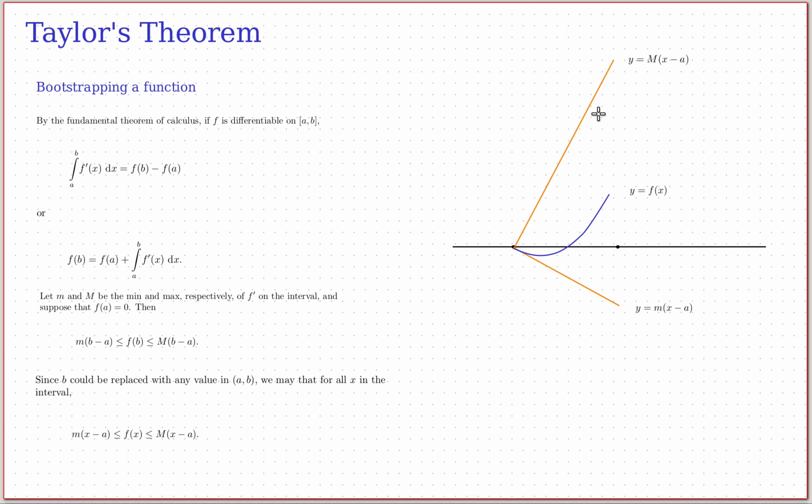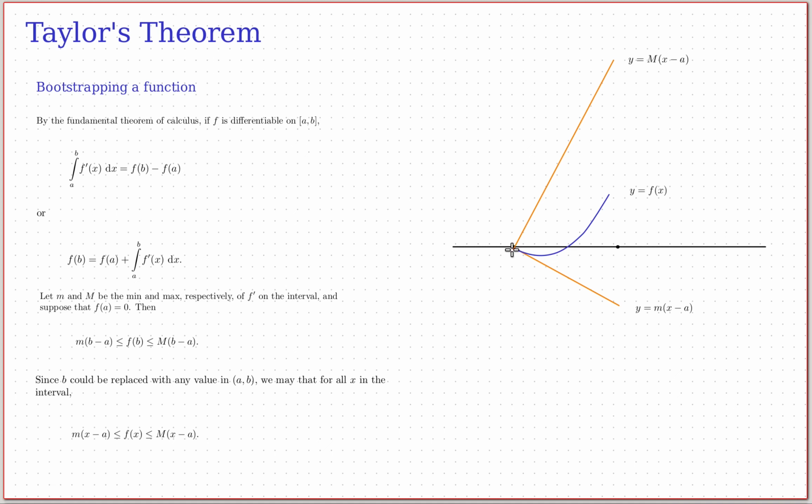And so here's the picture of that inequality. The blue line is supposed to be the actual curve, y equals f of x. The biggest slope that f takes, the maximum of f prime, is kind of attained here, right? The biggest slope is there. The smallest slope is a negative slope at the beginning.